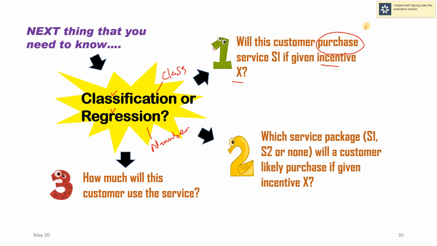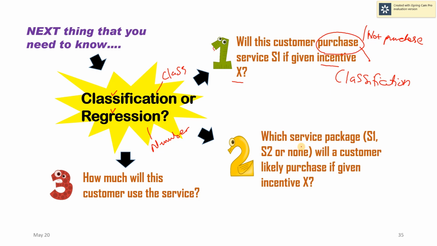Purchase ataupun not purchase? Is this a classification or is this a regression? Okay. If you say that this is a class, okay, this is the class, maknanya kita punya target. So, this would be the classification. Sebab kita tak ada nombor pun kan, kita nak predict kan. Kita nak predict class dia duduk dekat mana, purchasing ataupun not purchasing.